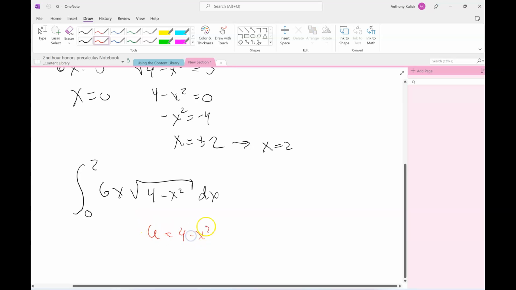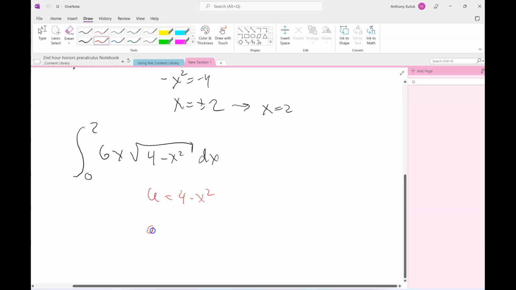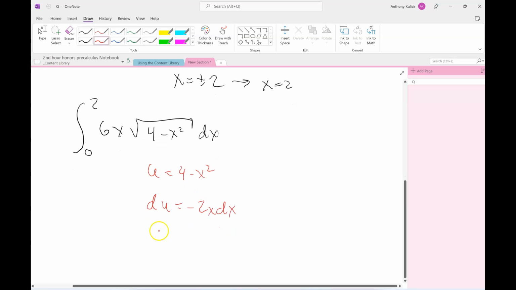4 minus x squared. So du then is -2x dx. Okay, so when we solve that for dx, we get that, right? Actually, let's leave the x over there because we have an x in our problem.